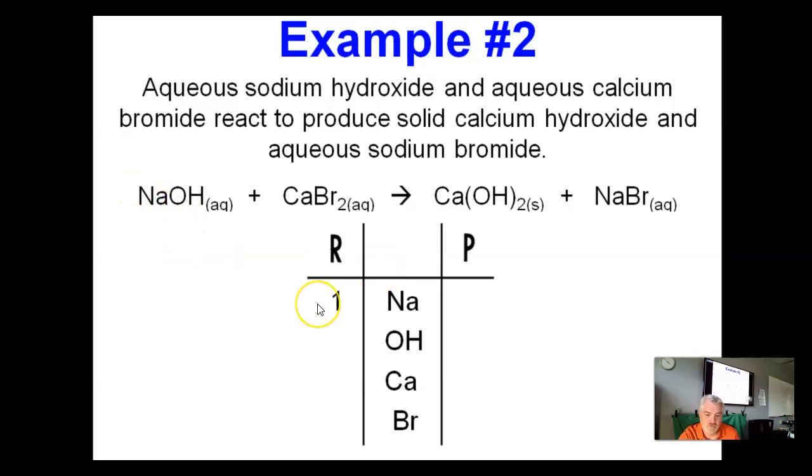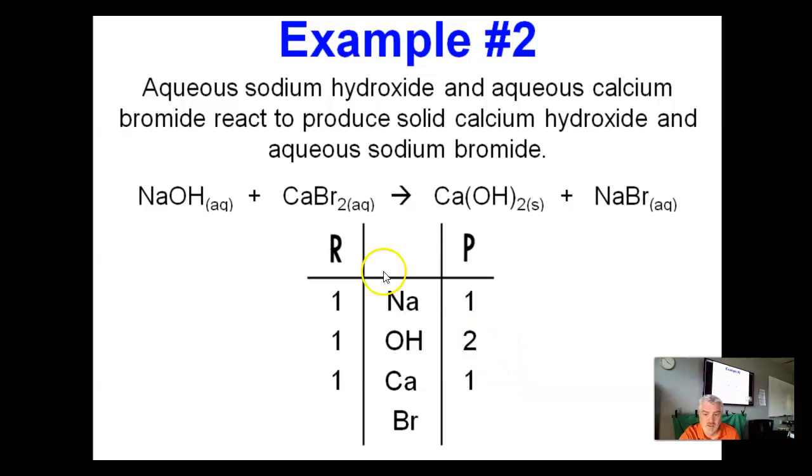We have 1 sodium on the left and 1 on the right. OHs, we have 1 here, but notice this in parentheses, if this 2 is just after the parentheses, that means that I have 2 OHs, not 2 calciums.